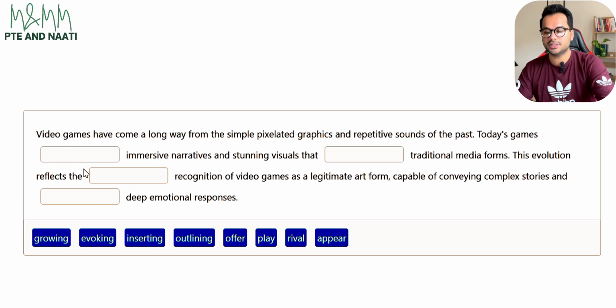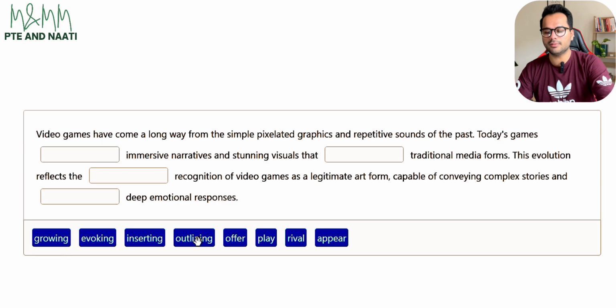So today's games dash immersive narratives, let's say up until here. The entire sentence is incomplete without a verb, as in an action word. If you look, today's games dash immersive narratives, there is no verb in that. No action word has been given. That means that the blank is missing a verb. So that's my very first hint.